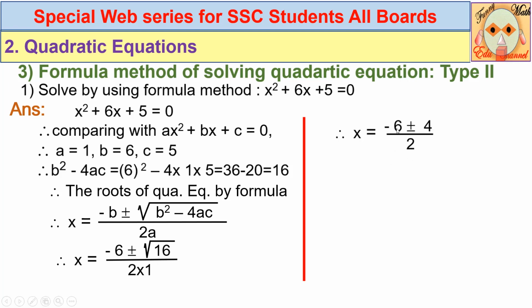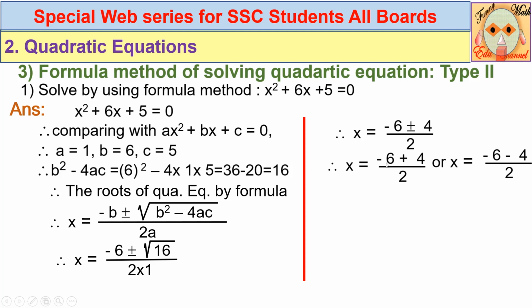And now you have to write these two with the plus or minus sign. First you write minus 6 plus 4 divided by 2, or x is equal to minus 6 minus 4 upon 2. Now you have to do the numerator calculation.